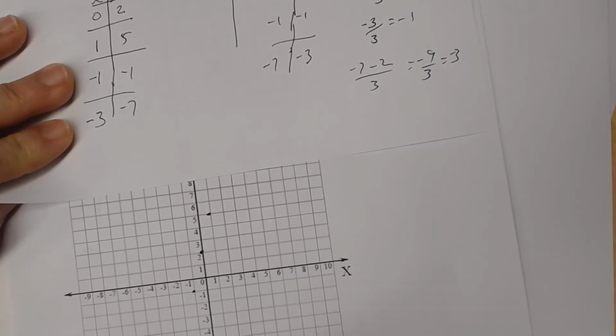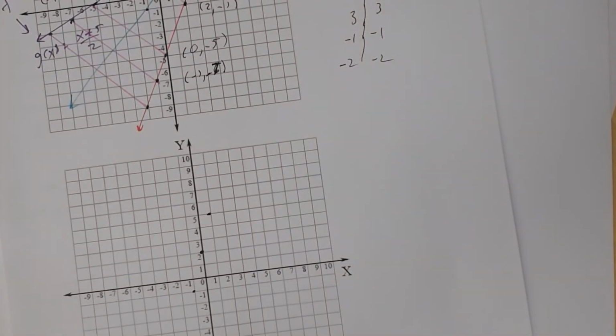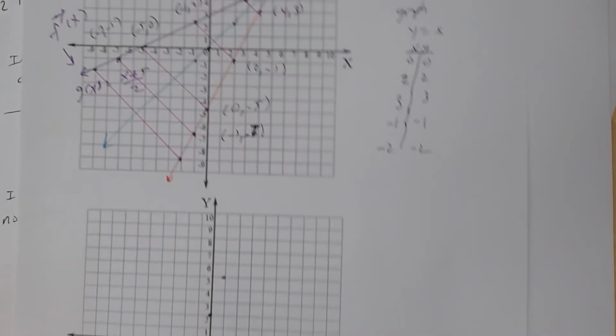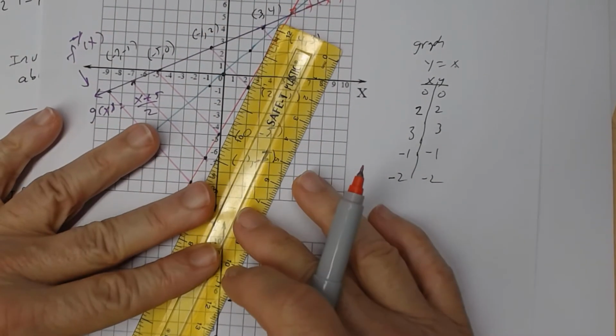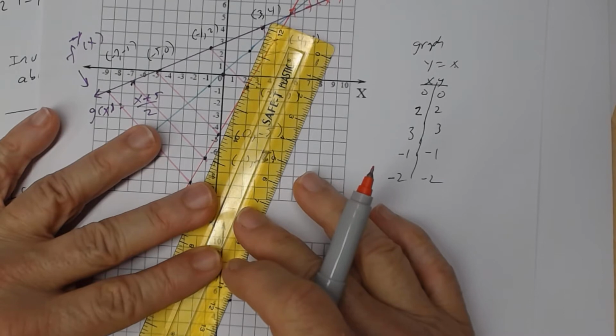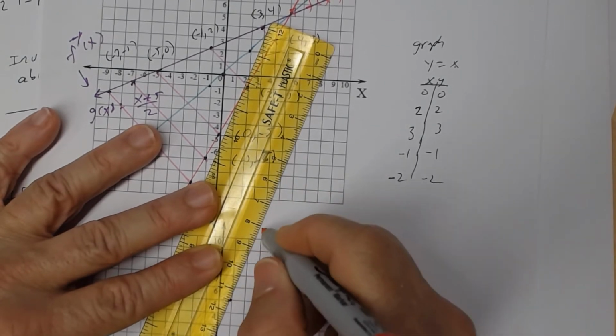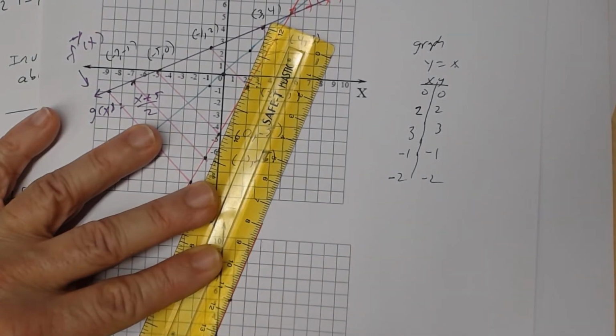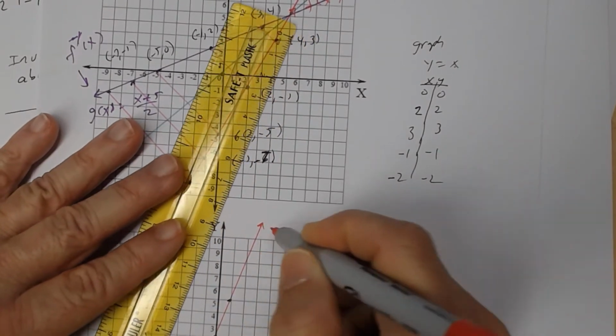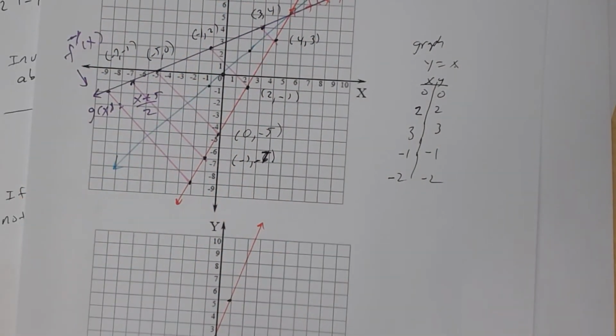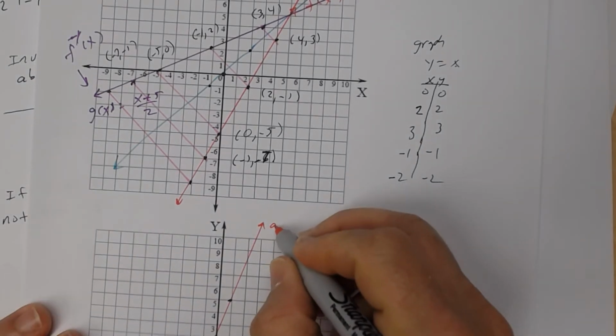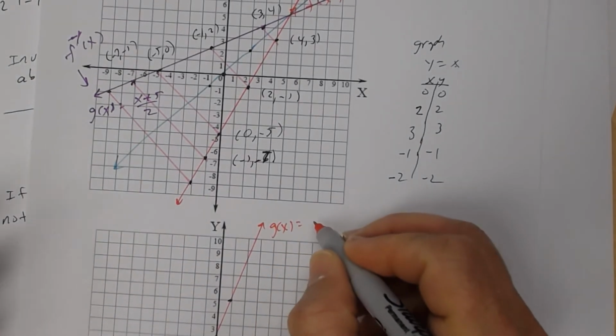If I graph that line, I get this. So this is g of x that I'm graphing right here. Now let's graph the inverse. Let me go ahead and say this was g of x, which is 3x plus 2.